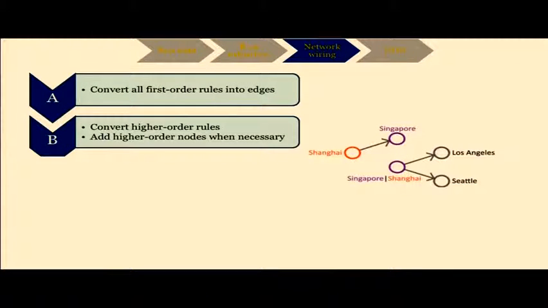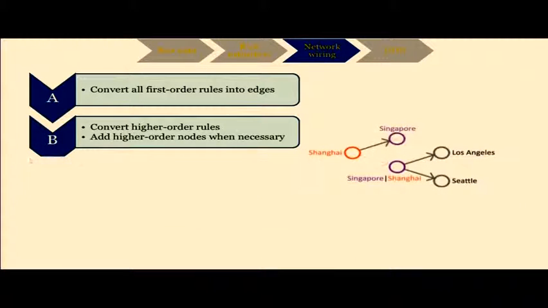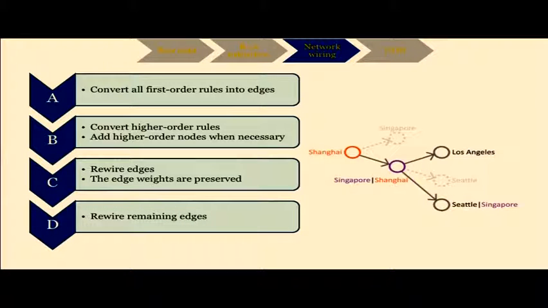And then once we did that, we began to build nodes that look like this. Initially we had single order networks. Shanghai to Singapore was one order. This became a two order network node, Singapore given Shanghai. And we built this out. Then we rewired the edges, where we removed Shanghai to Singapore and connected this over here as a conditional probability, and we kept doing that.